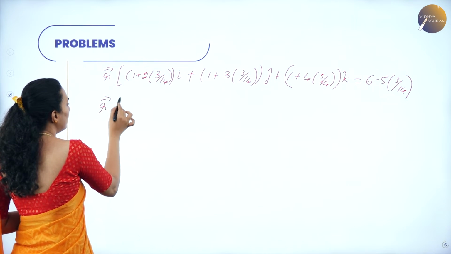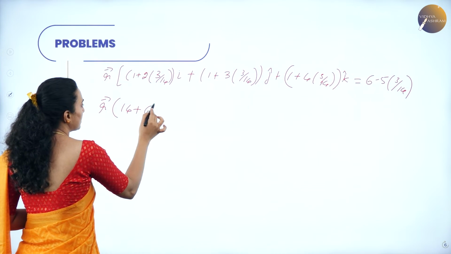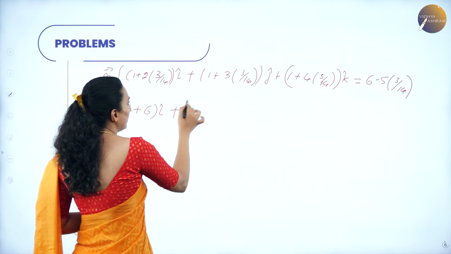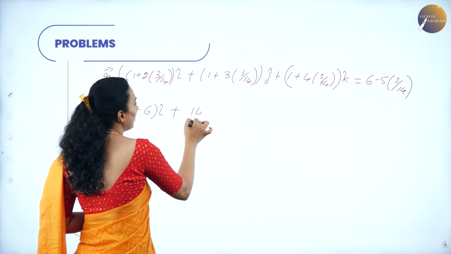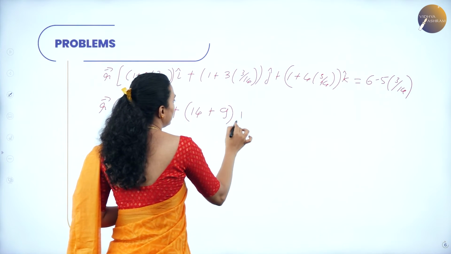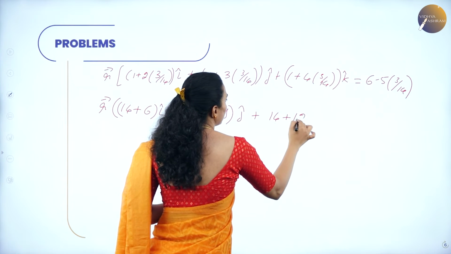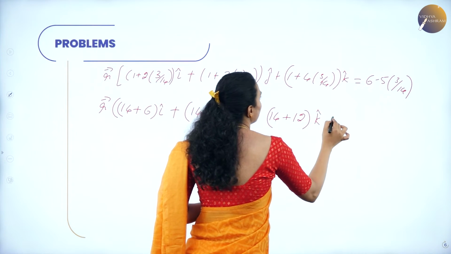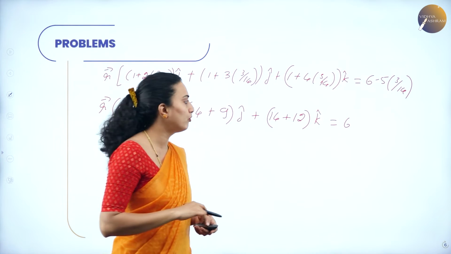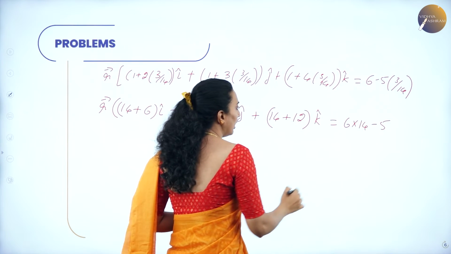So R vector into 14 plus 2 3s are 6, plus 14 will be multiplied here, 14 plus 3 3s are 9, j, plus 14 plus 4 3s are 12, k, is equal to 6. On the right side, you have to take the LCM, 14 into 6 minus 5 3s are 15.